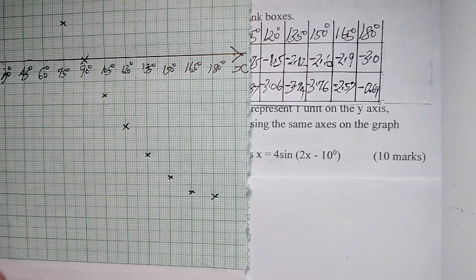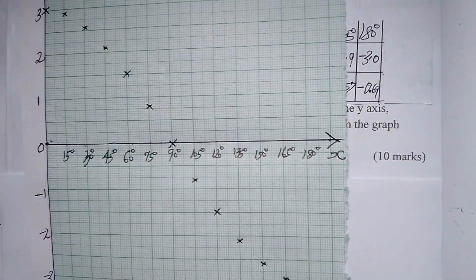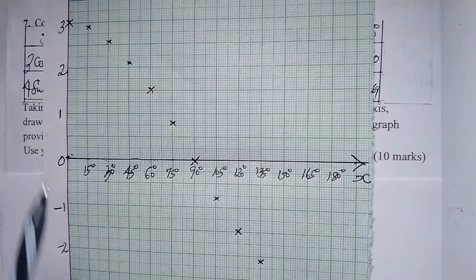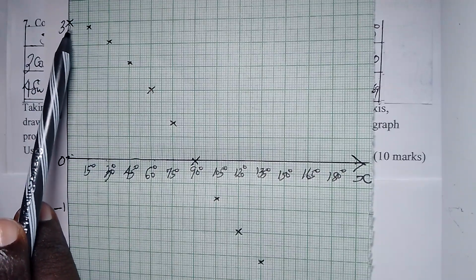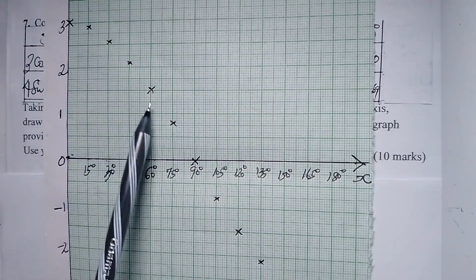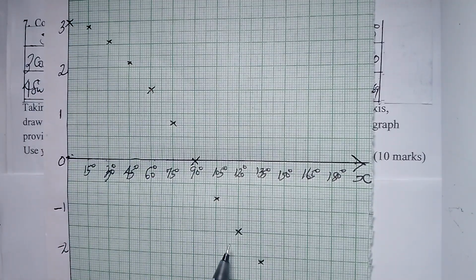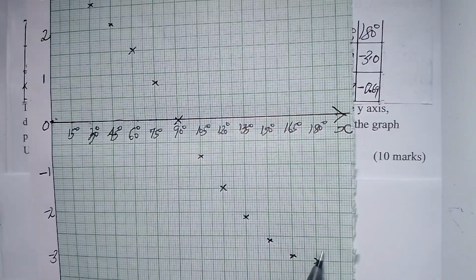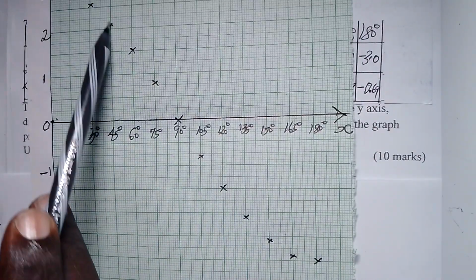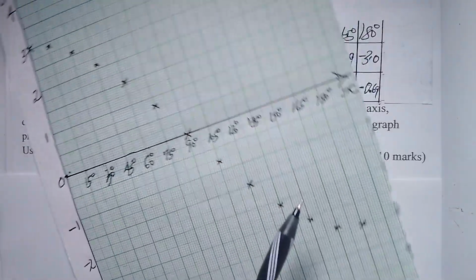After plotting your points, look at the nature of the curve, top to bottom. Join all these points using a smooth curve.